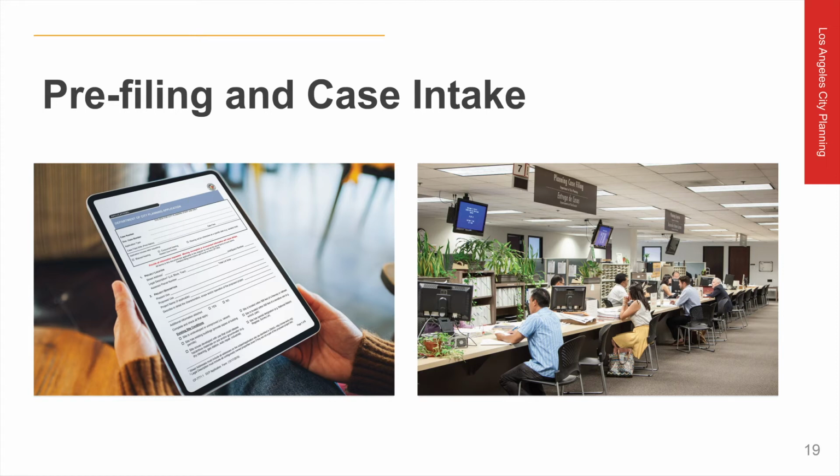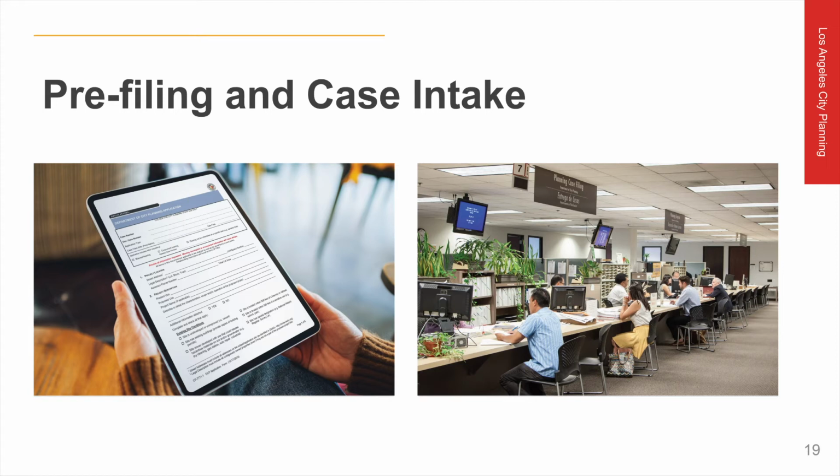Supplemental materials such as referral forms from the applicable geographic division or entitlement-specific material that provides additional background information for certain application types, and mailing labels with the addresses of residents and property owners who live within a certain radius of the proposed project.